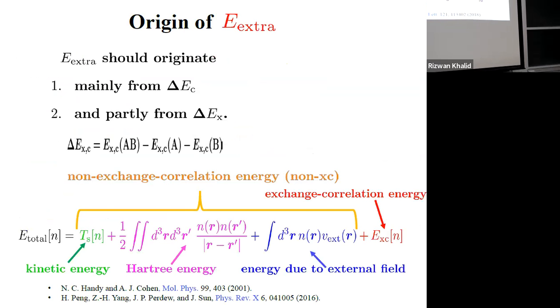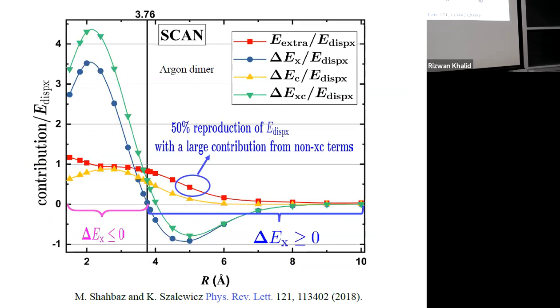So where should that dispersion energy come from? This dispersion energy should mainly come from the correlation term and the exchange term. Here we show E extra over E disp for the SCAN functional, which becomes a little bit more when close.